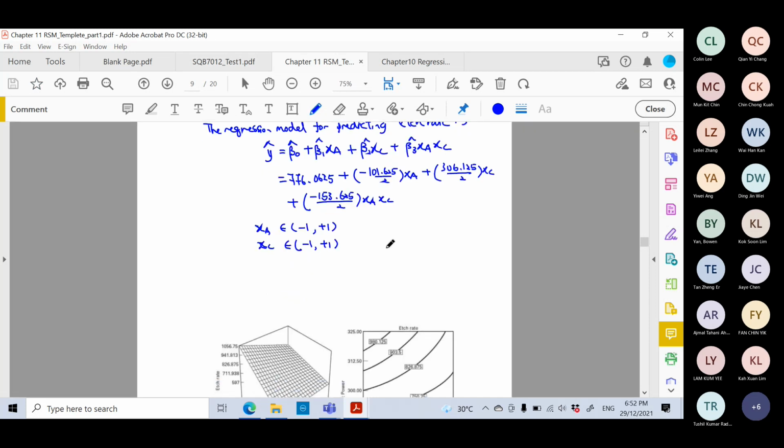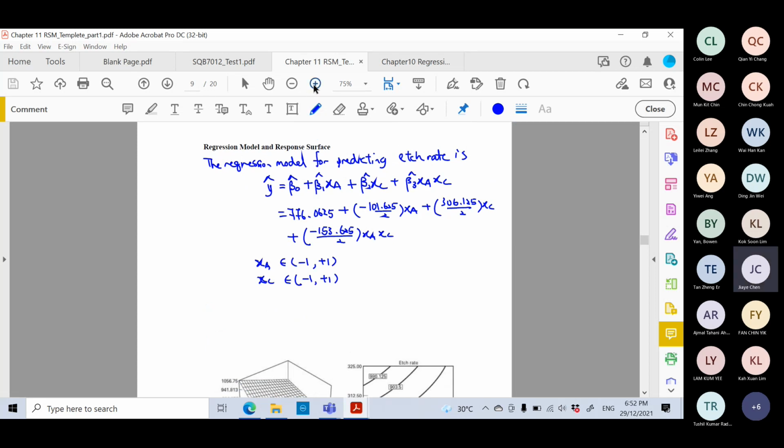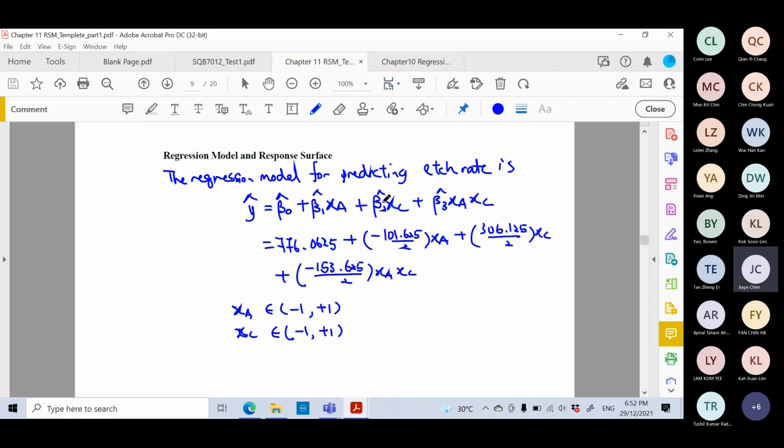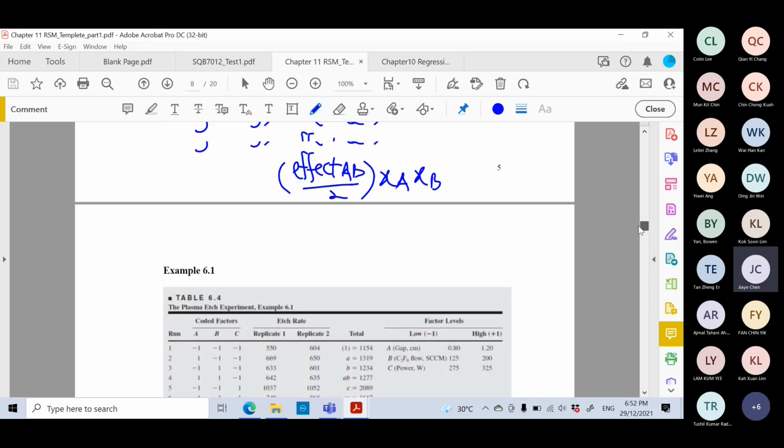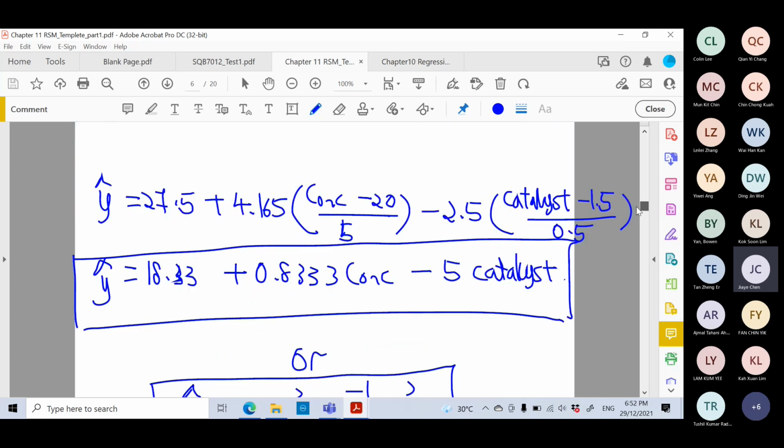In the regression, the following one has a linear model plus an interaction effect, so they are no longer linear lines anymore. If you observe, previously the model we had was only the linear model.